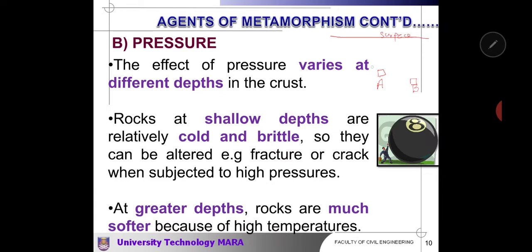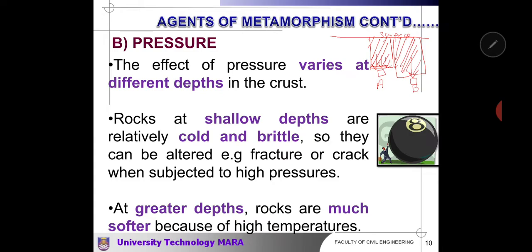Okay, let's see what is experienced by A. This is all the pressure that will be put on A, and this is all the pressure that will be put on B. So if you go deeper, the pressure is higher.